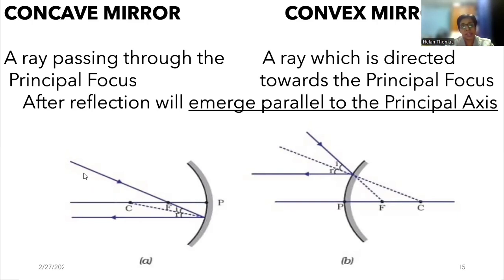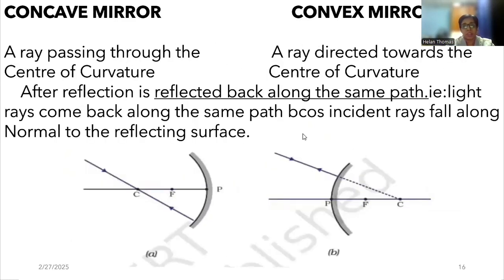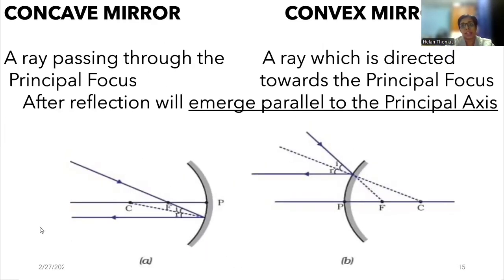See, this ray is directed through the principal focus, it will hit here and emerge parallel to the principal axis. Likewise, here the ray is directed towards the principal focus of the convex mirror. After reflection, see how it goes parallel to the principal axis.